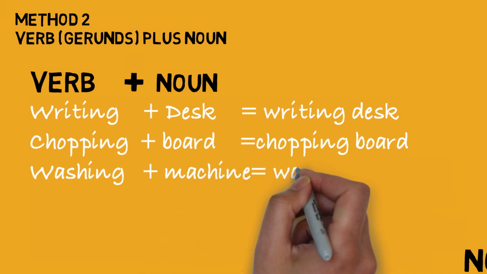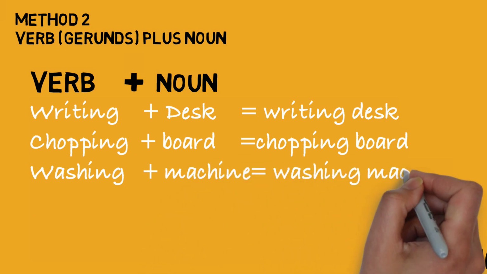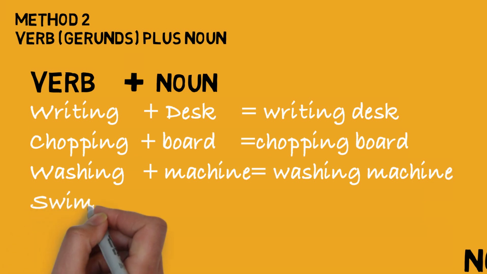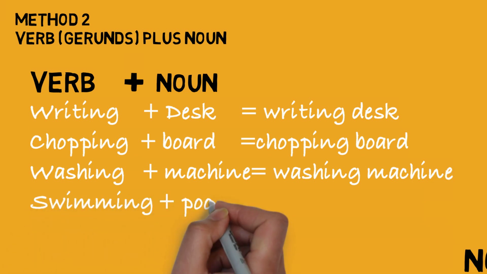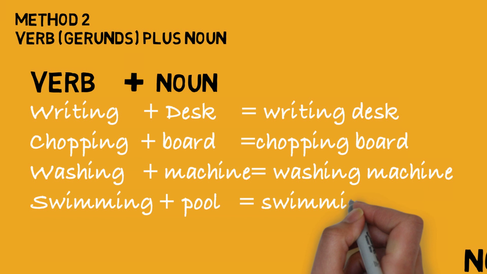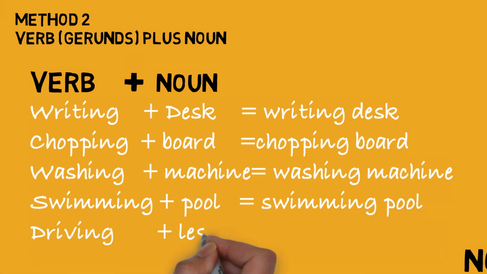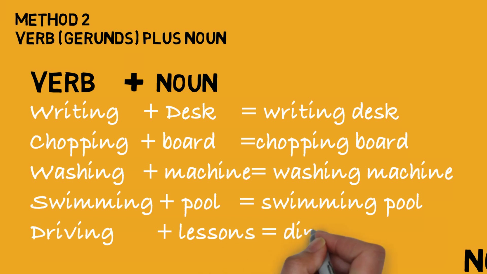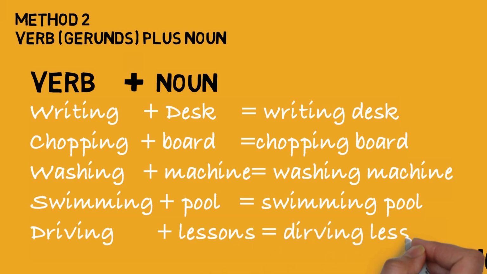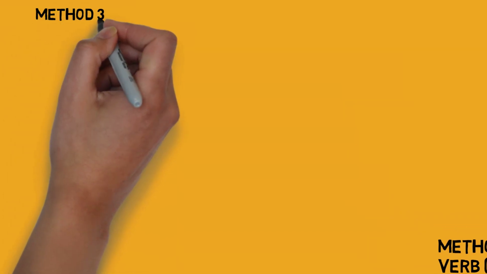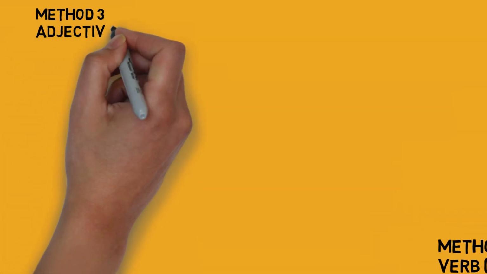Washing is a verb, plus machine, which is a noun, becomes washing machine. In the same way, swimming plus pool becomes swimming pool. Driving plus lesson becomes driving lessons. I'm sure you can think of many more similar examples like this. It's quite easy to spot because gerunds end with the suffix ing.